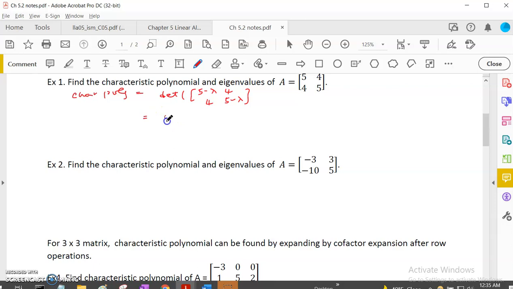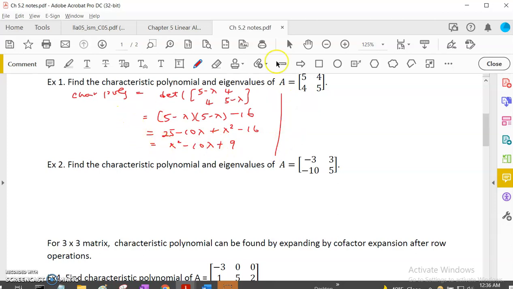That is equal to 5 minus lambda times 5 minus lambda, which is AD minus BC, minus 16. That is equal to 25 minus 10 lambda plus lambda squared minus 16, so lambda squared minus 10 lambda plus 9.